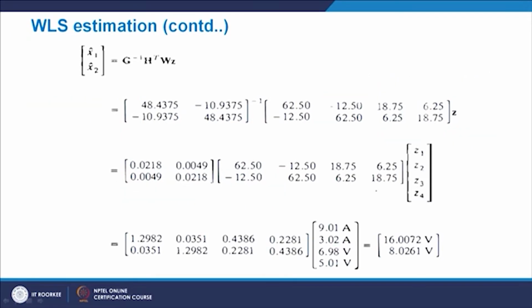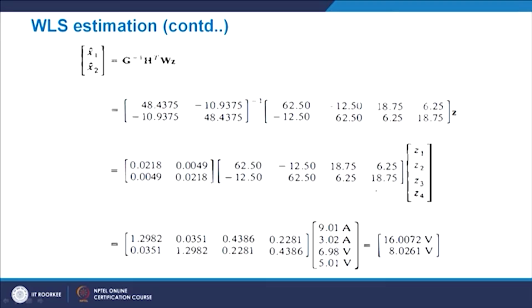Now, our estimated values x1 hat and x2 hat. We always denote estimated values with a hat symbol. It would be G inverse H transpose W Z. H transpose W we have already calculated, and Z is the measurement vector Z1, Z2, Z3, Z4.